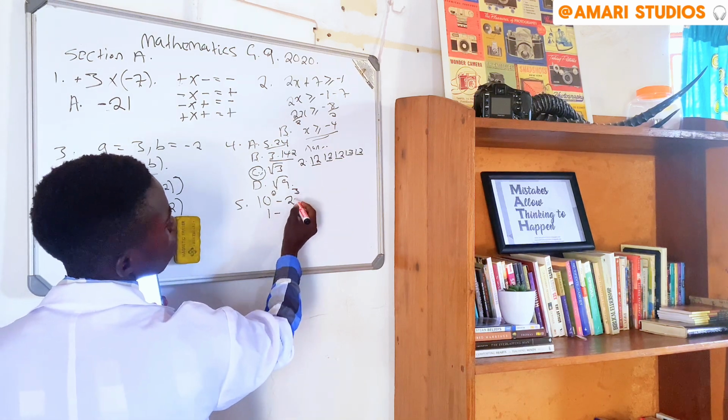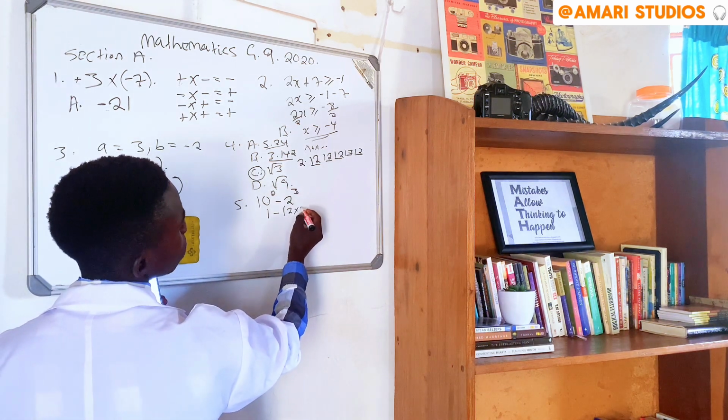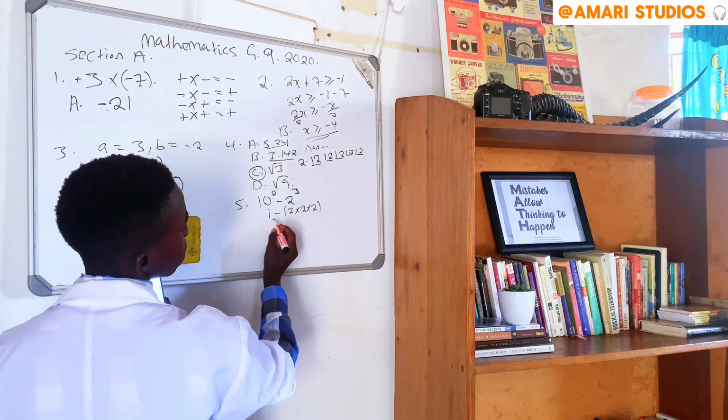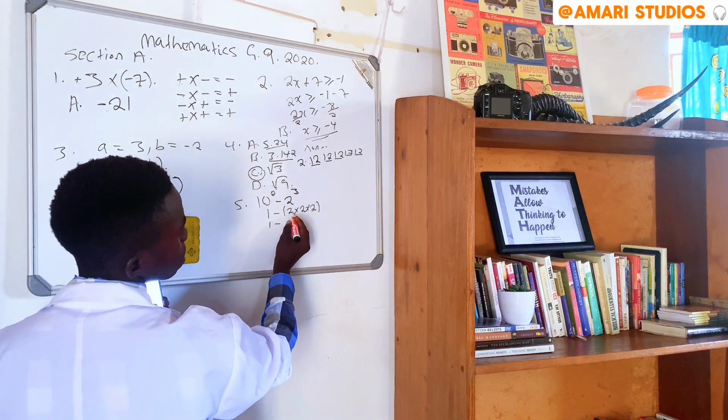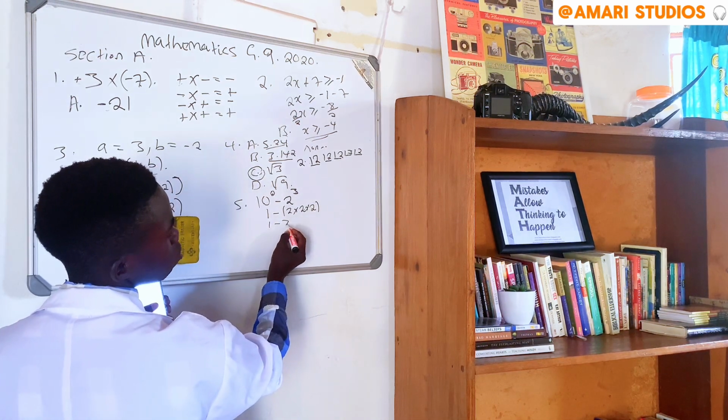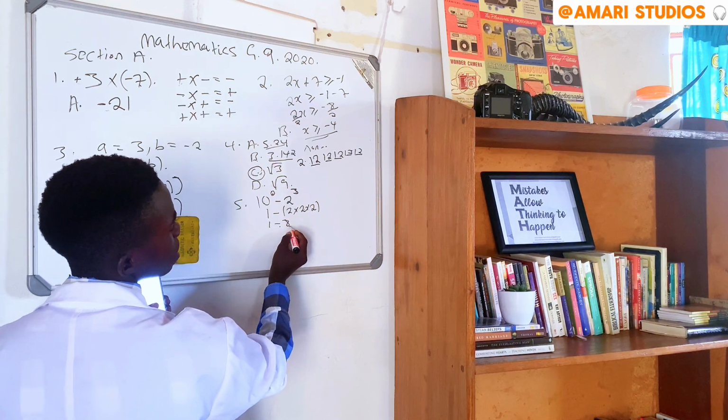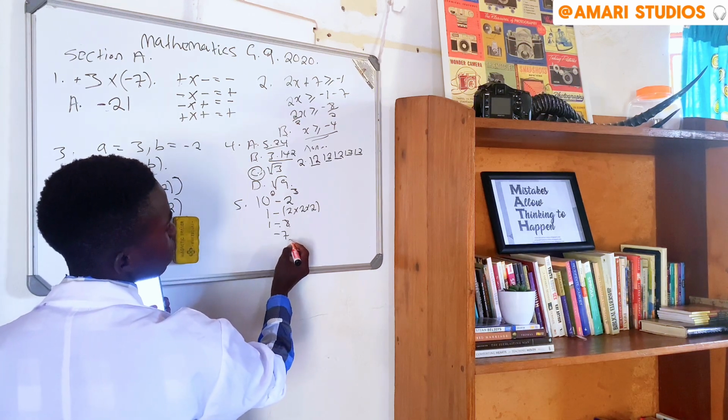Minus, then 2 to the power 3, we are saying that 2 is multiplying itself 3 times. So this will be 1 minus 2 times 2 times 2, which is 8. Then 1 minus 8 will give us negative 7.